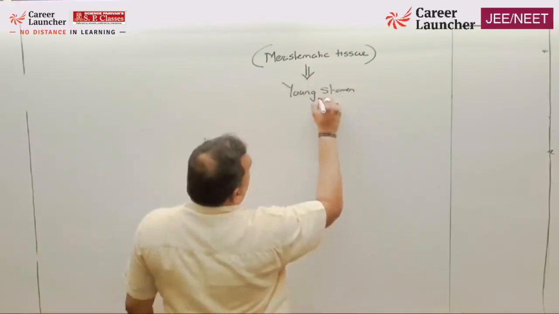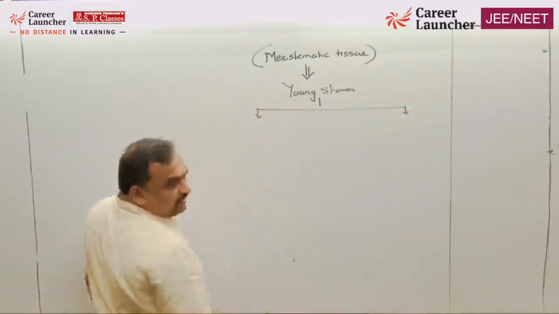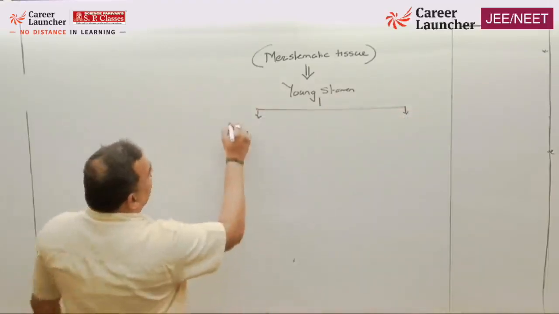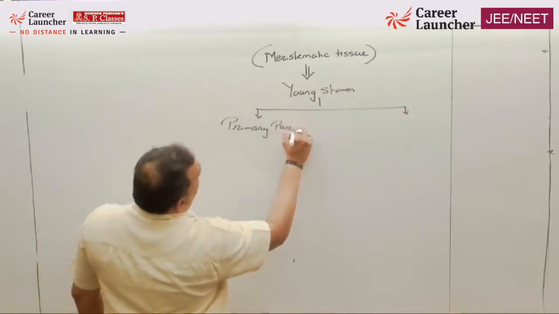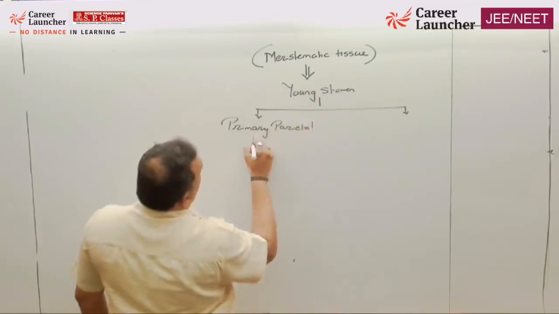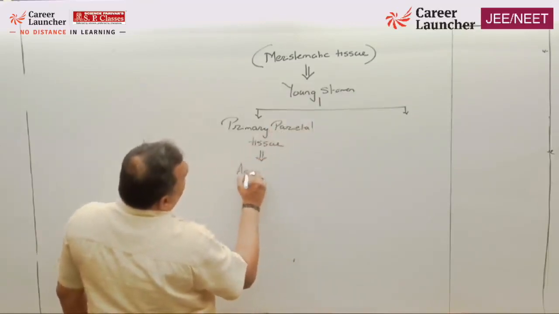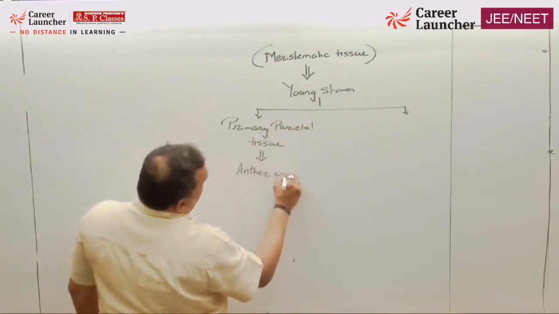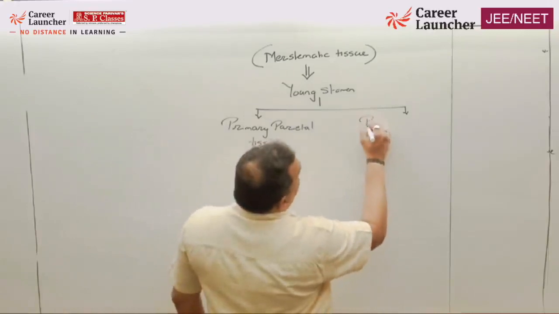In the young stamen, the meristematic tissue differentiates into primary parietal tissue, which eventually develops into anther wall, and the other is primary sporogenous tissue.